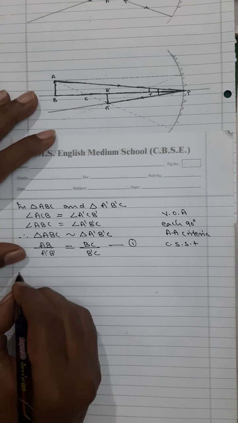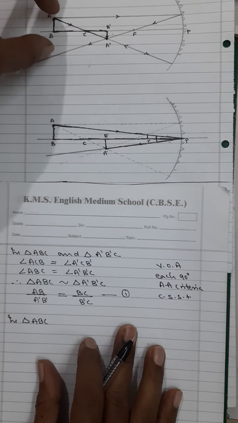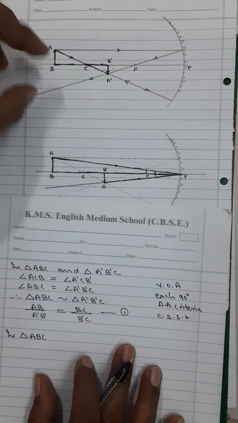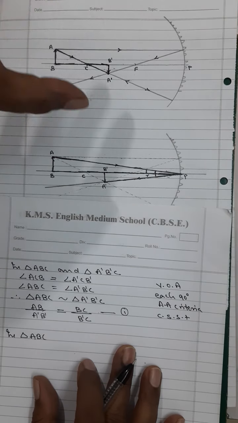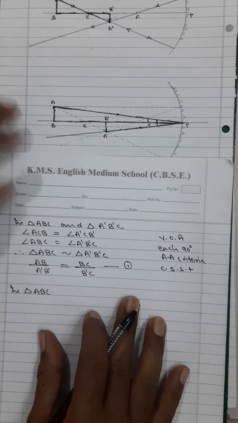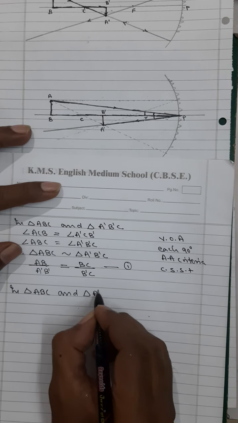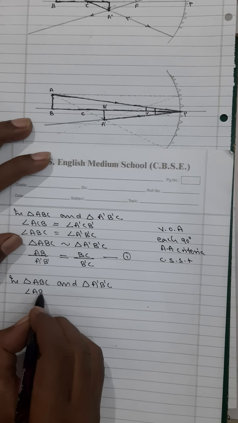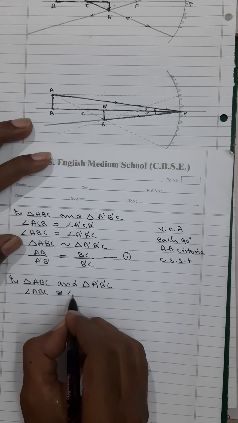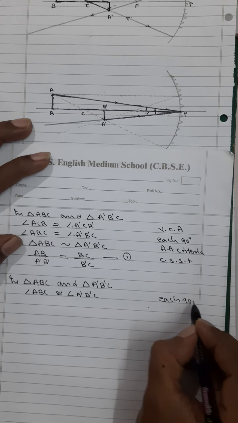In this case, again I will say in triangle ABC. These are from this figure only, just because I don't want everything to be drawn over there and then we will not be able to trace them properly. Because this AB and this AB are same. This A dash B dash is same. So in triangle ABC and triangle A dash B dash C, again you will do the same thing. Angle ABC will be congruent to angle A dash B dash C, each 90 degrees.